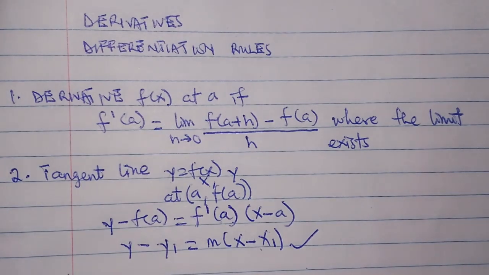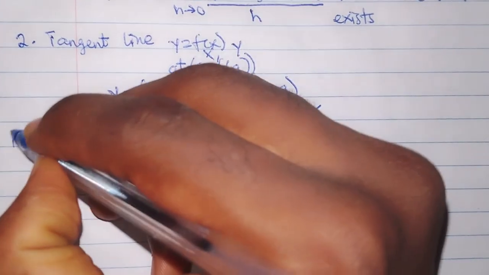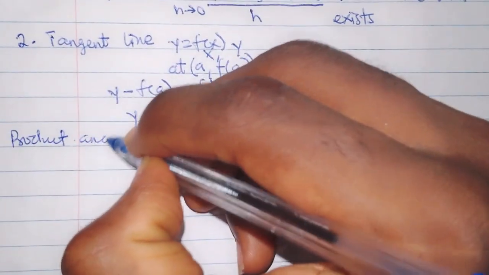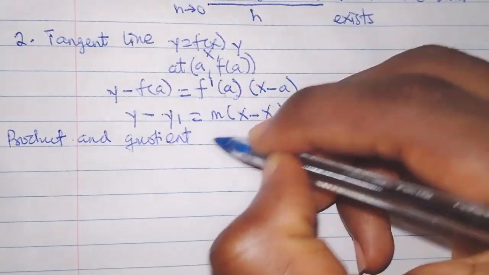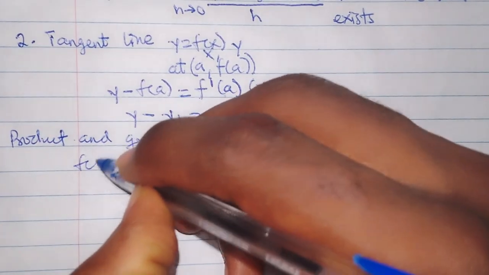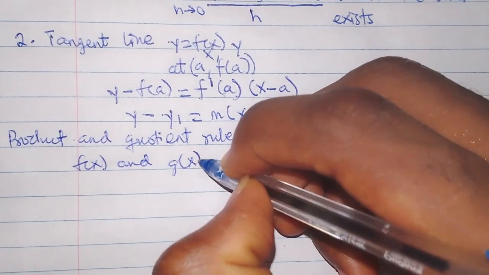Okay, so the next one, we move to product and quotient rules. Now let's take function f of x and function g of x.